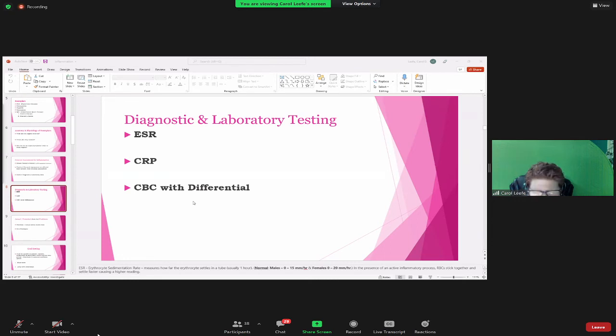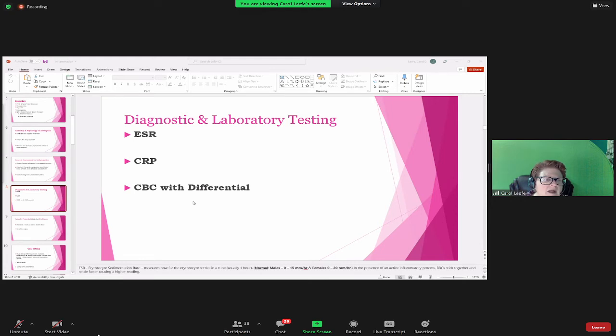White blood cell count, not so much red blood cells, as the doctors usually want to know the hemoglobin and hematocrit. If you can just memorize the hemoglobin, the hematocrit is going to be 3 times that number.